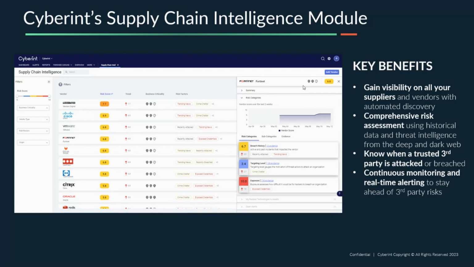The second advantage, and you can see it here, is that we don't only focus on exposure and hygiene, we also focus on targeting level and breach history.